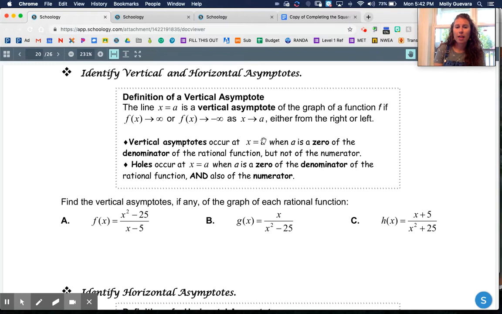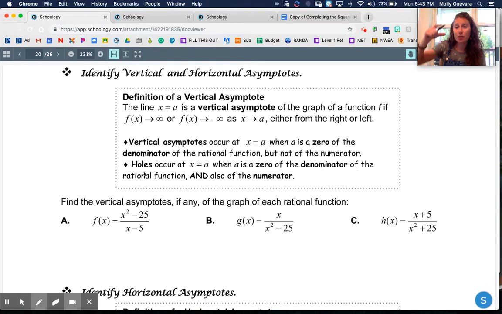And this is what I really want to make sure we are clear about. Vertical asymptotes occur when something is a zero of the denominator, so of the bottom, but it's not a zero of the top. So if something is a zero of the bottom, but not of the top, it is a vertical asymptote.